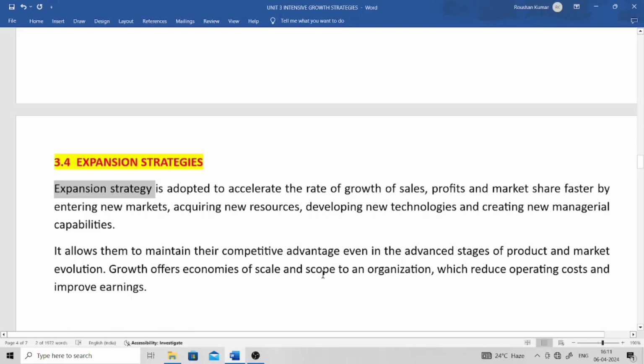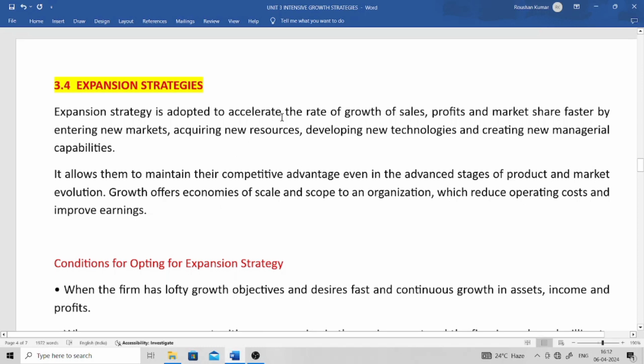Growth offers economies of scale and scope to an organization, which reduce operating cost and improve earnings. As you can see on your screen, adoption is written first, meaning when we adopt this expansion strategy. We adopt this expansion strategy to accelerate the rate of growth of sales, profit and market share.